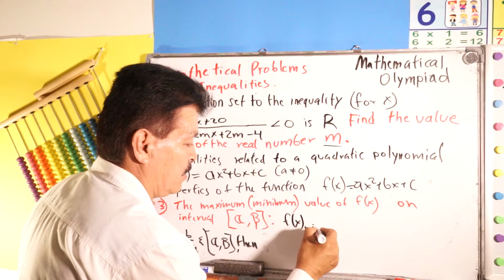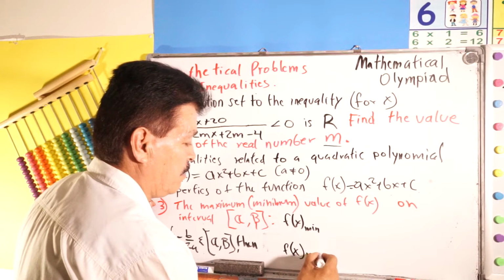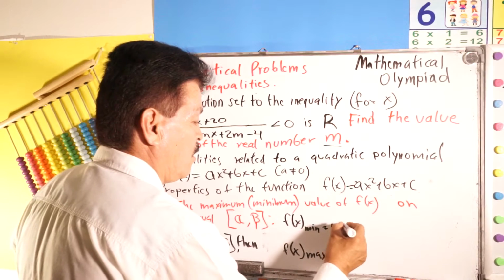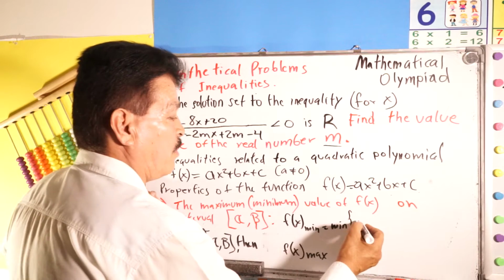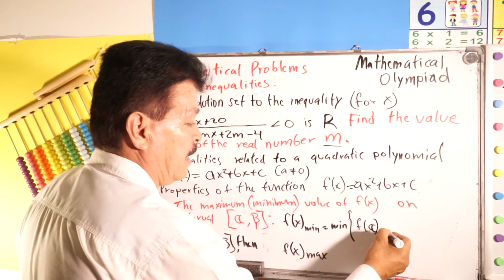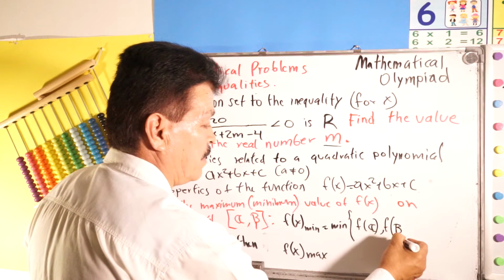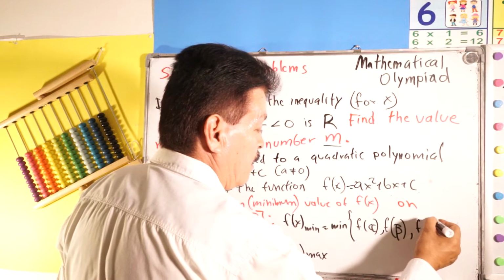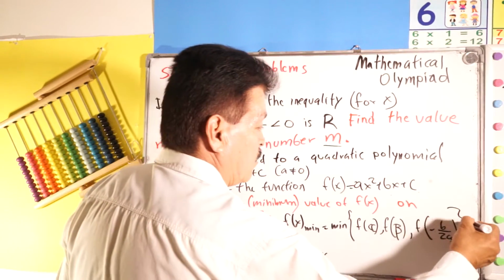Here is the minimum, and then f(x) with this maximum. What is the difference here? The minimum is in this group: f(β), f(−b/(2a)).